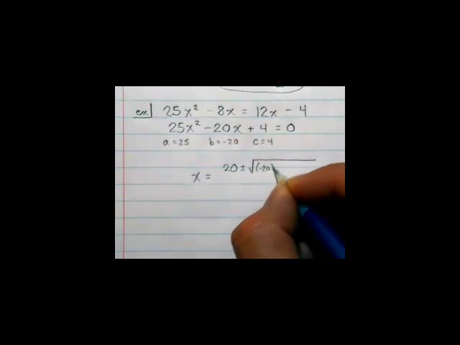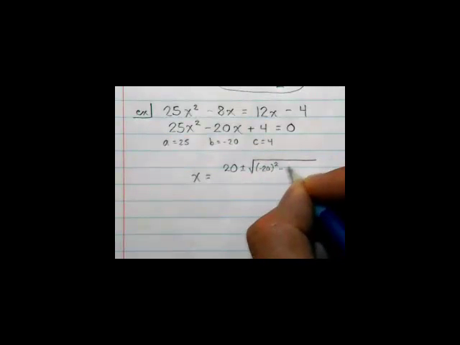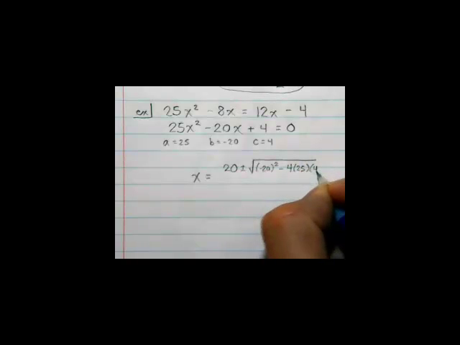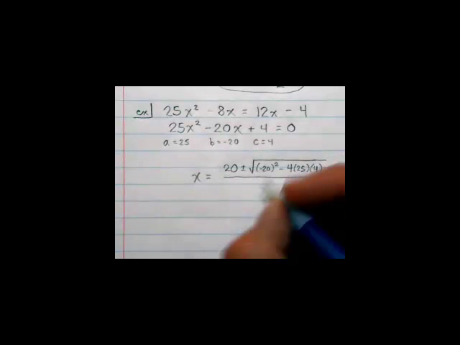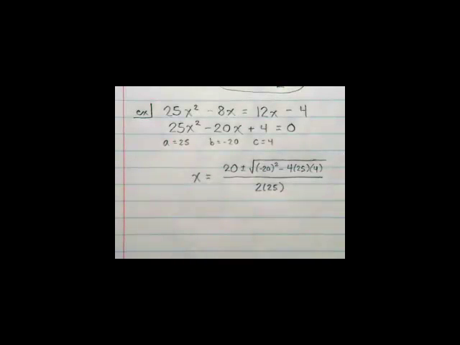So negative 20 squared minus 4ac all over 2a. Okay. The numbers are big, but don't let that scare you. It's still very doable.